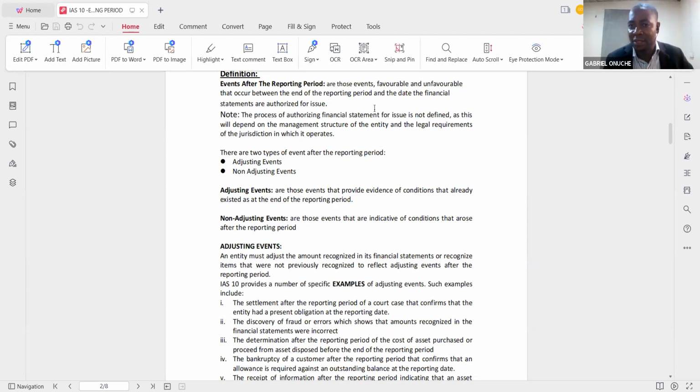Maybe in their sitting on 15th of March, take note of that date now. On 15th of March, the board of directors, after examining, approve, or if you like, authorize the financial statements.